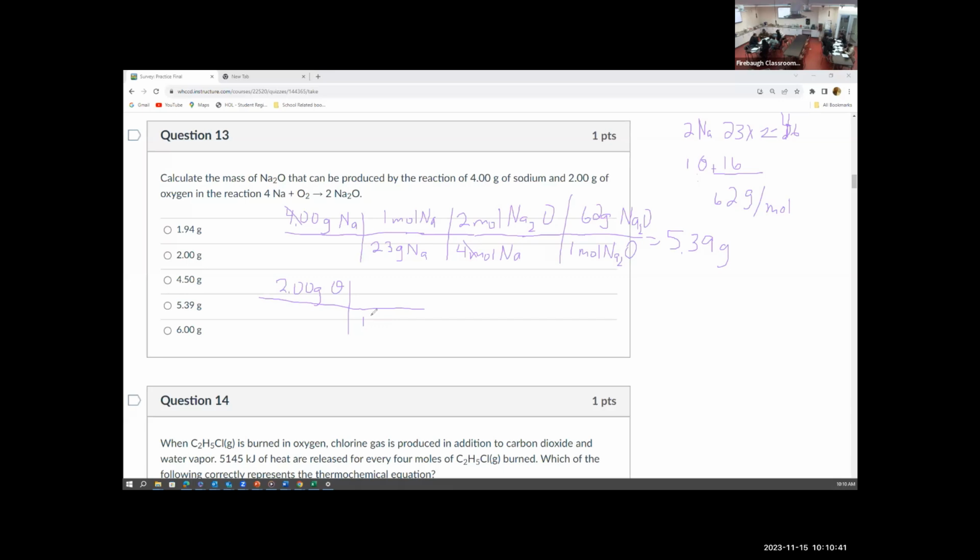Okay, down here, if we use our oxygen, so we have 2 grams of oxygen. We know that oxygen weighs 16 grams for 1 mole of oxygen. Hold on. 2 grams of O2, my bad. So then that's 2 oxygen, so then that's 32 grams, my bad. I almost did the same thing that I always tell you guys not to do.